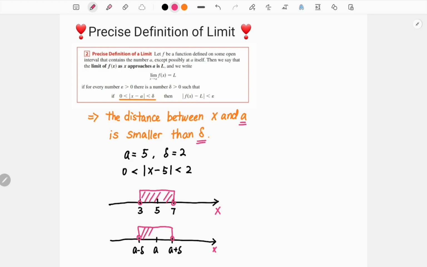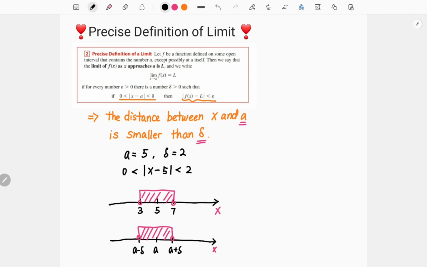So this would be your x value. So your x could be any number in between them. Just like in the example, your x can be any number between 3 and 7. So the same concept holds for this equation as well.